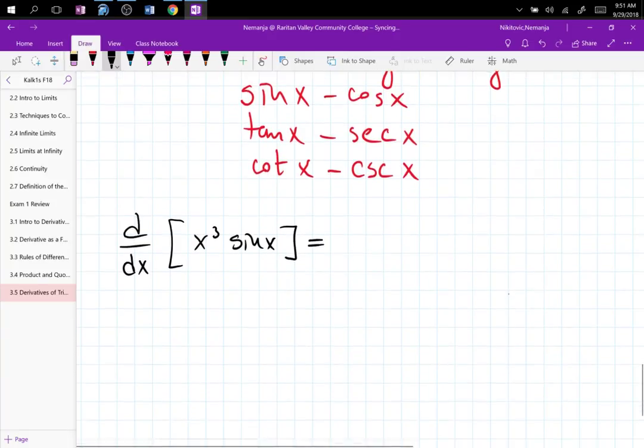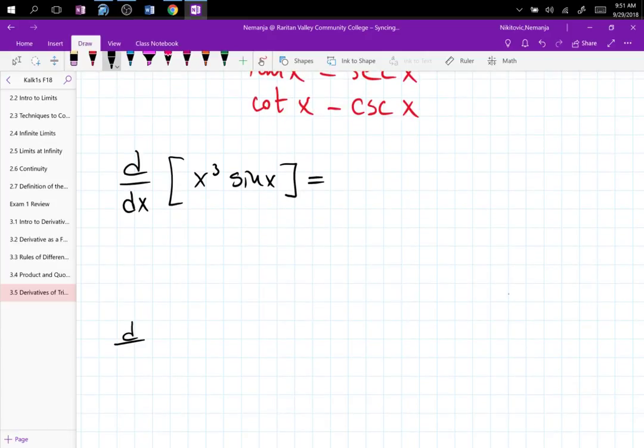That's a standard question. Or what is the derivative of sine x divided by x cubed minus 9, whatever. Right, these are the standard questions that you should see on your homework and that you will see on your exams. So we have the product rule and the quotient rule. Let's go.